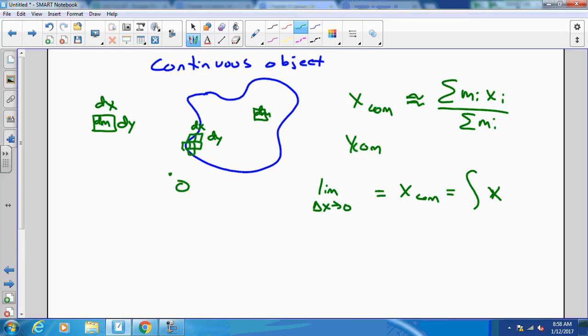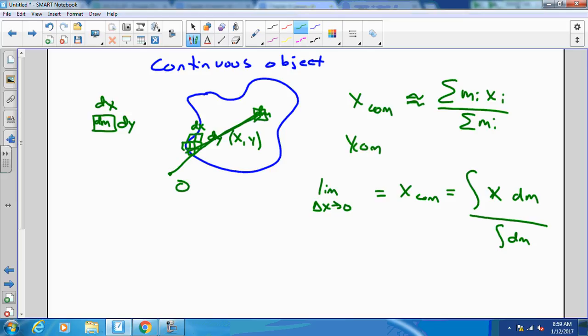If I take a representative element out here somewhere and call that dm, and it has a position vector relative to the origin r, x, y, like that, then what I'm really doing is adding up x times dm. And I am dividing by the total mass, which is the sum of all of the pieces dm.